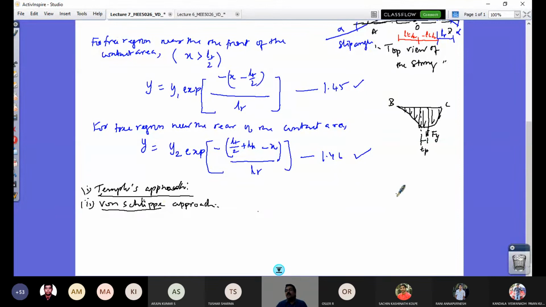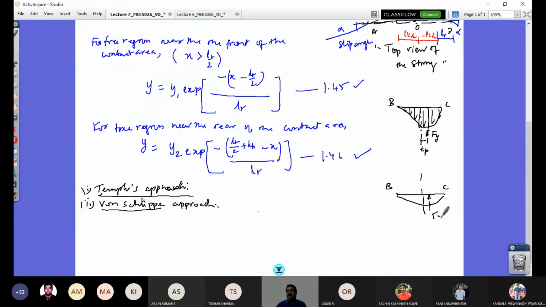If you look at the force exerted by the rim in BC, it is like a bilge, like this. It is like a symmetrical curve, but it is skewed. The symmetry is not at the center of the contact patch. It is somewhere here, same as this. So this force is now considered to be this.